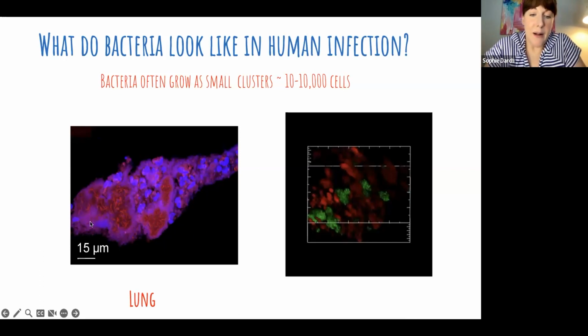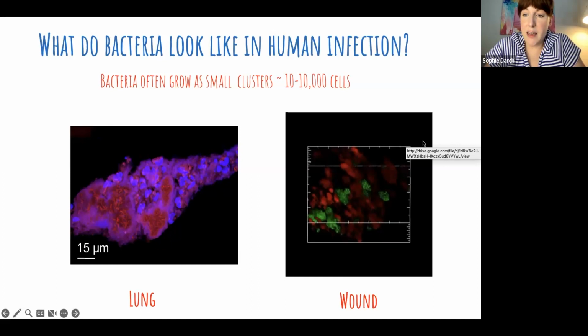So there's some good examples. This is taken from a CF, a cystic fibrosis lung, so a little piece of lung tissue. And here in red are the actual Pseudomonas that we talked about. So this has just been stained and then looked at under a regular light microscope or confocal microscope. And you can see here the bacteria growing in these little micro communities, similar to that cartoon I showed you.